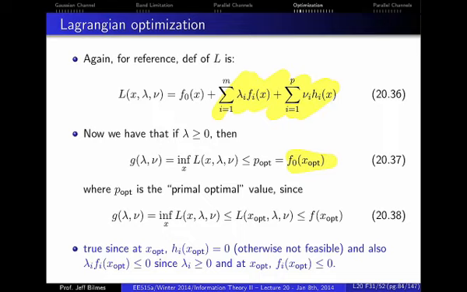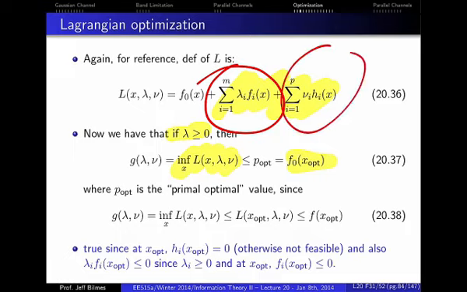Yet if we take the infimum of the Lagrangian for any given value of lambda nu, and if lambda is greater than 0, we've got this part here, which can only be negative, because f i is negative and lambda i is greater than 0. And this part here is equal to 0. And so therefore, when we're taking the minimum over x.